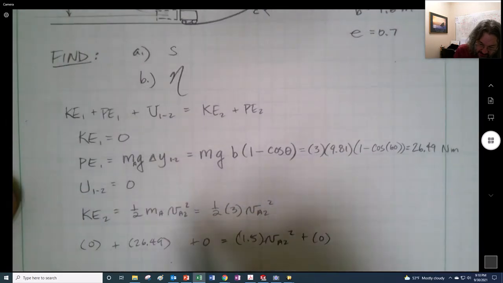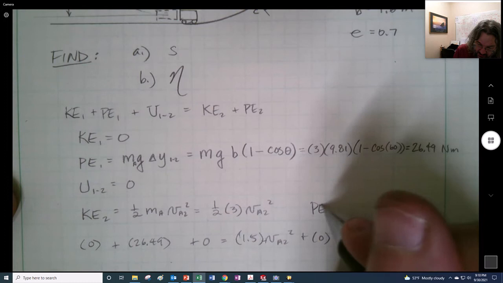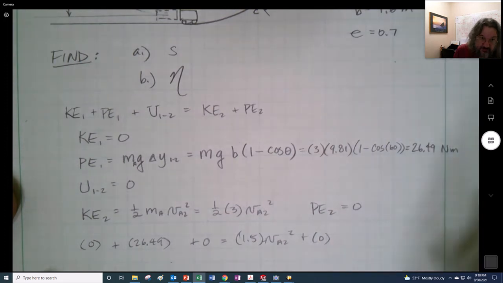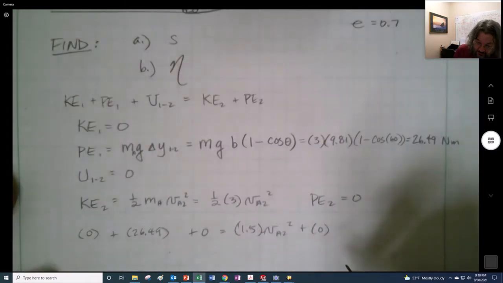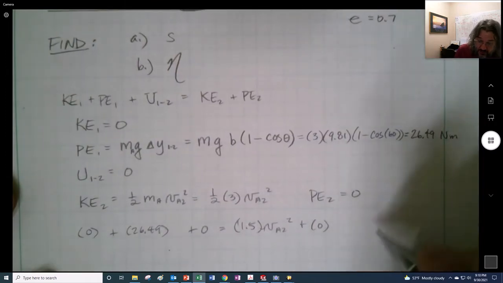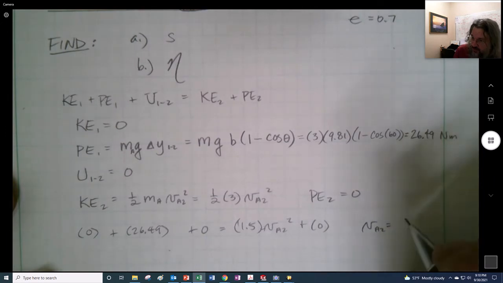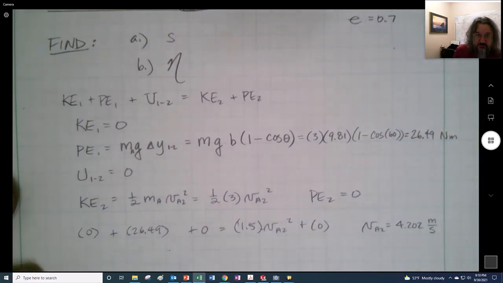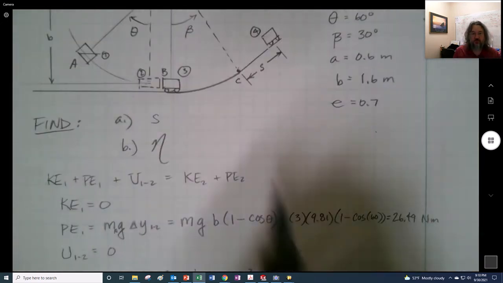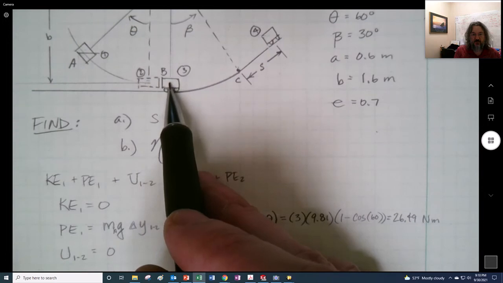I forgot to write that PE2 is equal to 0, because it's at the datum. So VA2 is equal to 4.202 meters per second. Now we know the speed of this little hammer.